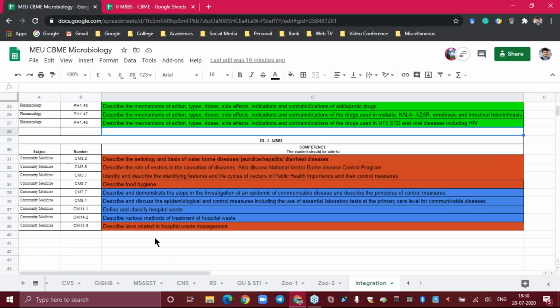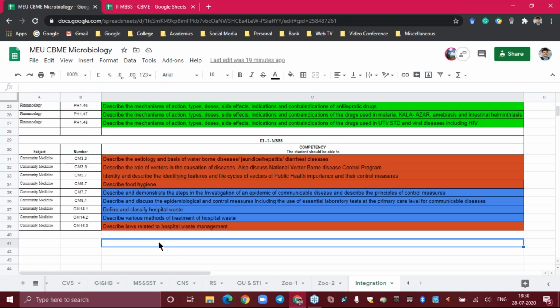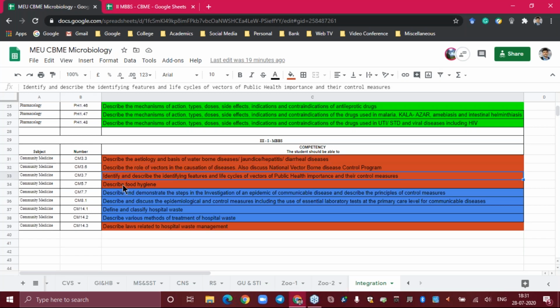Very similarly, you can see there are certain competencies in community medicine, right? This needs integration. So if feasible, try to identify a few of the competencies in which you can go for correlation, while most of the other competencies will go for nesting.